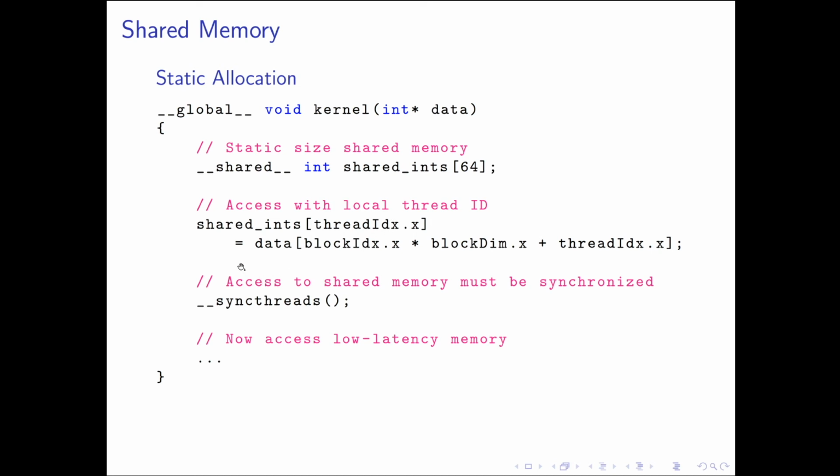What is important to note is that you have to synchronize all the threads in the current block so that they agree on what is currently in the shared memory array. Whenever we perform a write access to the shared memory array, we have to synchronize our threads. When we want to fill shared memory, we have to use the pattern that I just showed you. We first have to allocate the shared memory, and then in the kernel we have to explicitly write to that shared memory.